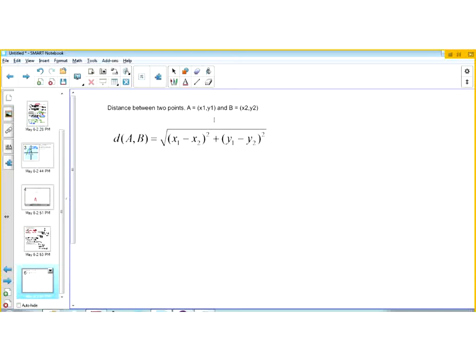So for instance, if we go back and say we want to find, let's let A equal negative 5/2, 3.